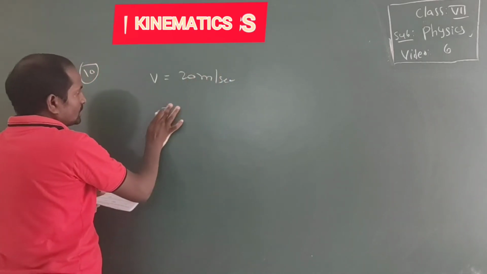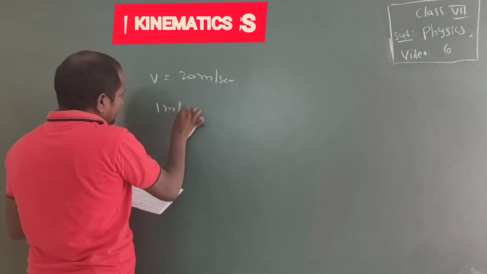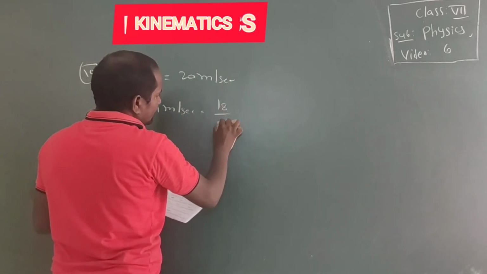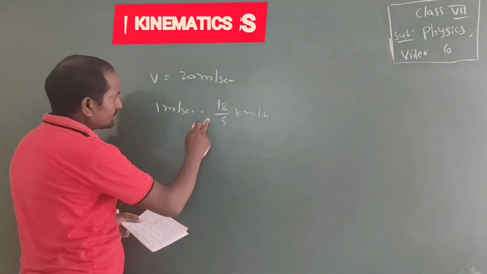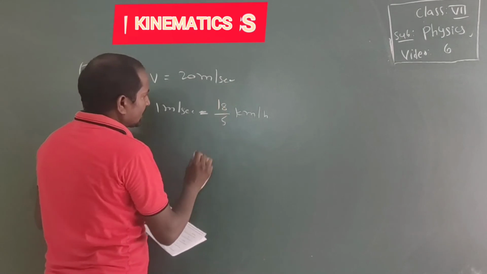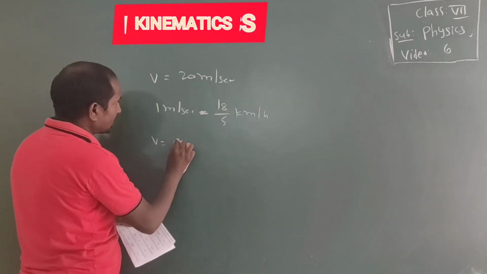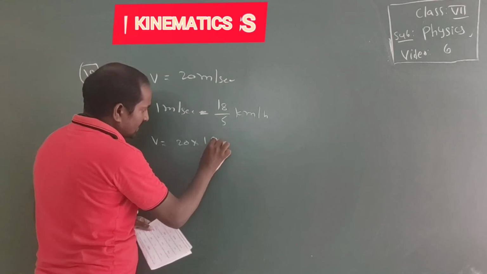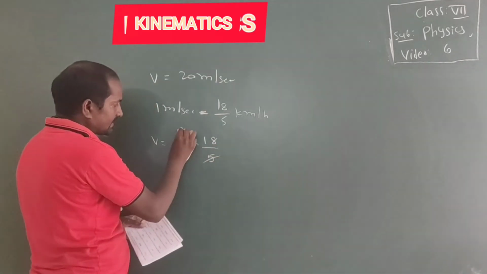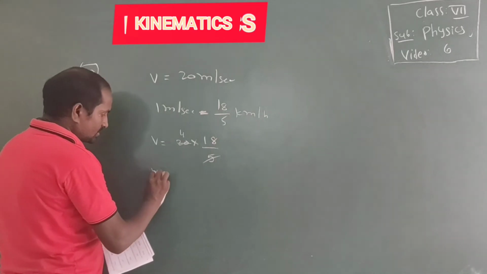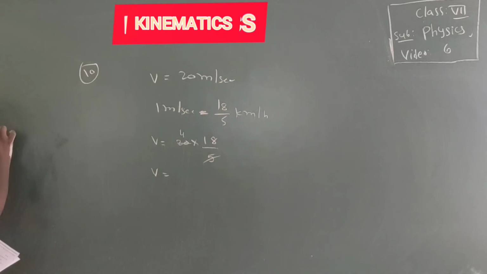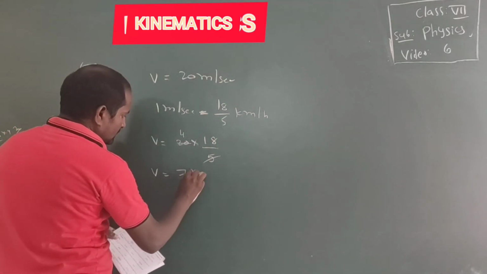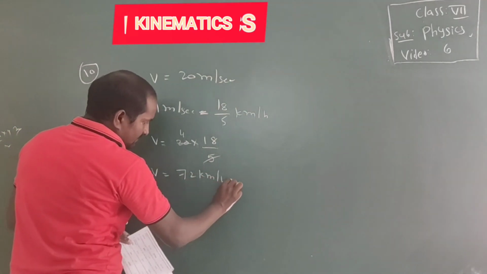So convert into kilometer per hour. 1 meter per second equal to 18 by 5 kilometer per hour. In place of meter per second we can substitute 18 by 5. Therefore V equal to here 20 into 18 by 5. 5 once here 5, 4 into 20. So V equal to 4 into 18, that is 72 kilometer per hour.